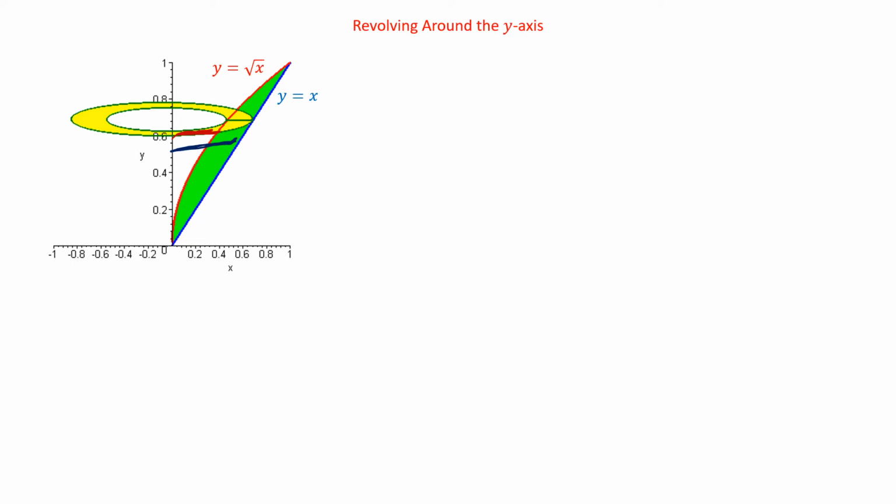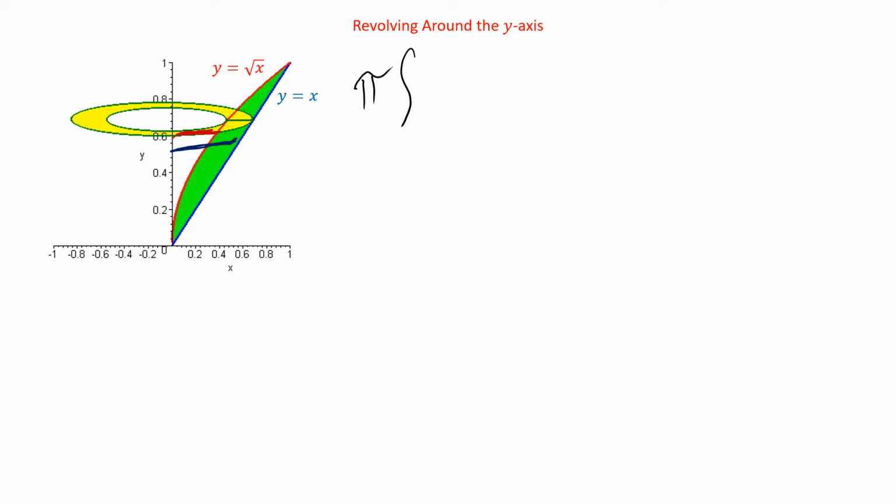Notice if we were revolving this around the x-axis, that would change. The red one would be bigger than the blue one, but around the y-axis, the blue one's bigger than the red one, which means we're going to have pi times the antiderivative of something.